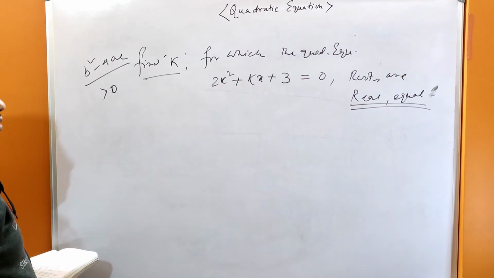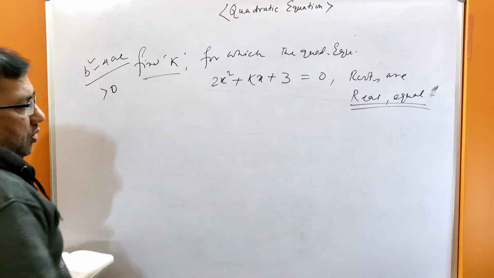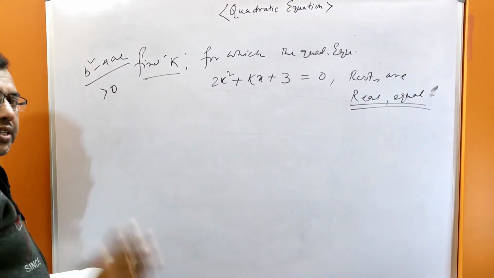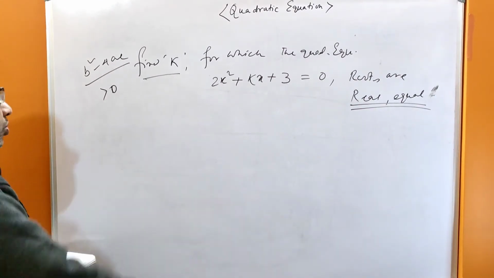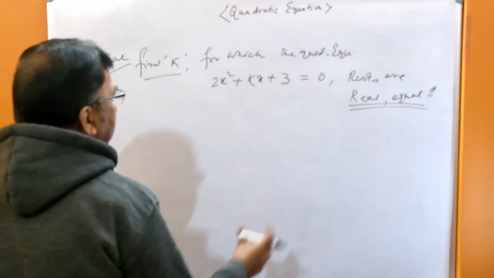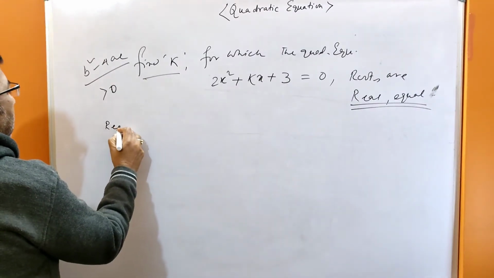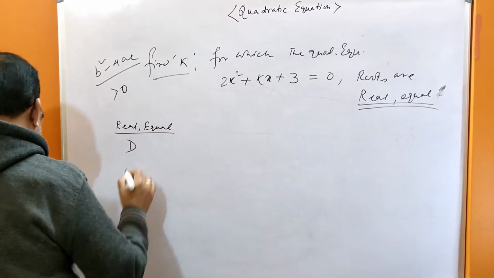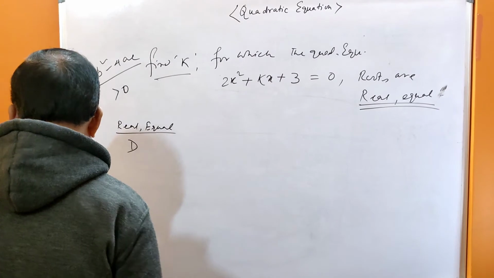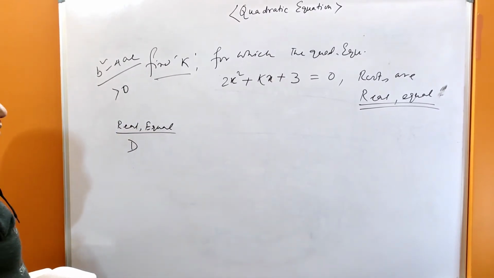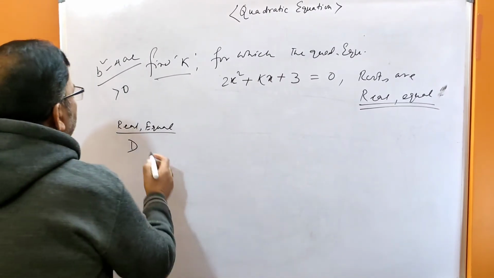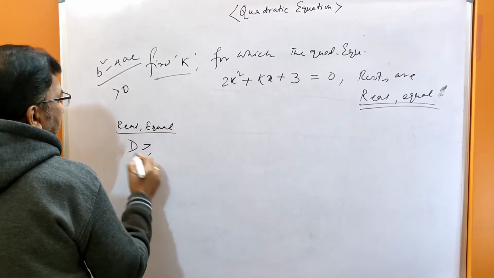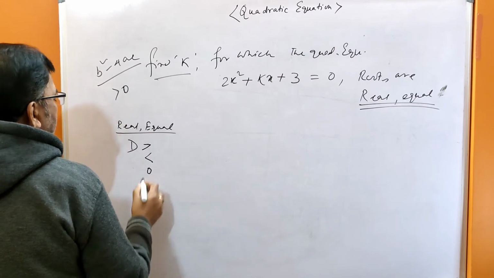This condition is given. Just I have given you the table in case of real and equal roots. What are the conditions? In this case, what will d be, tell me? D equals to what? 0.